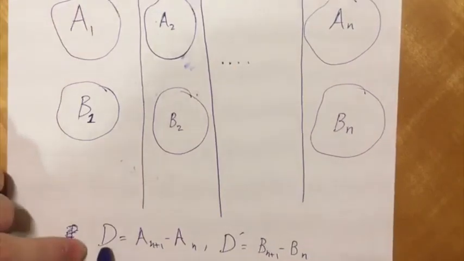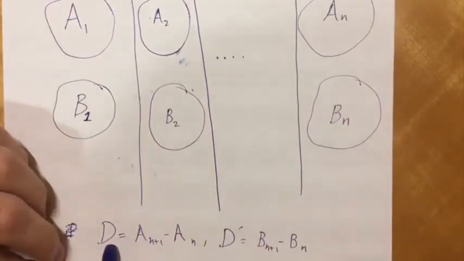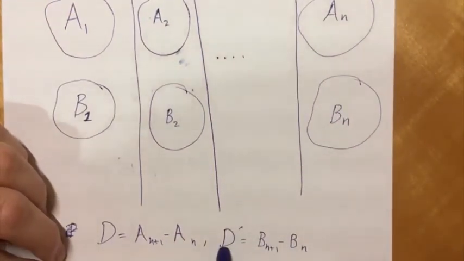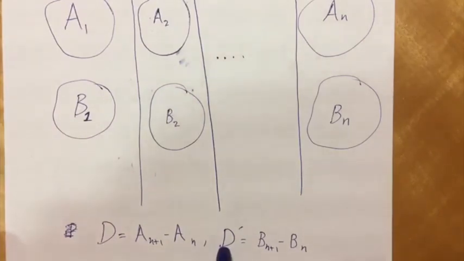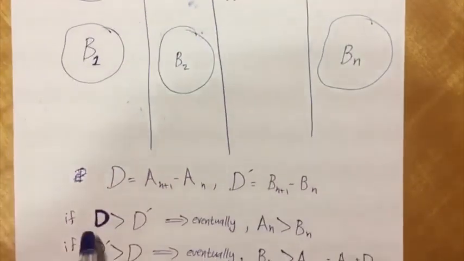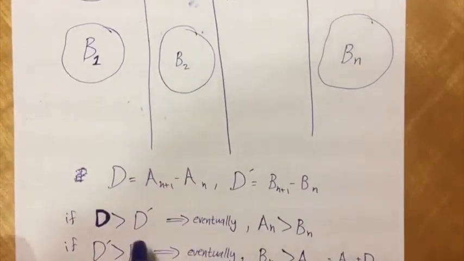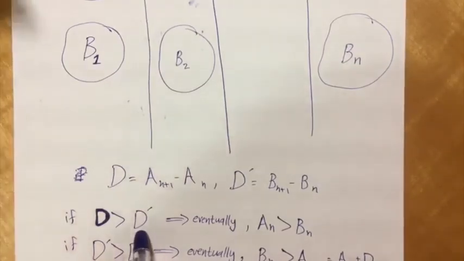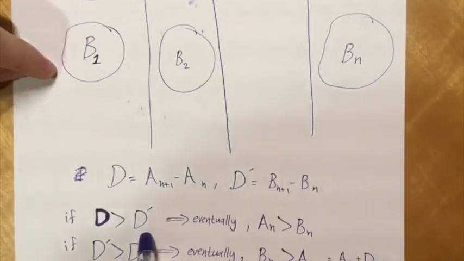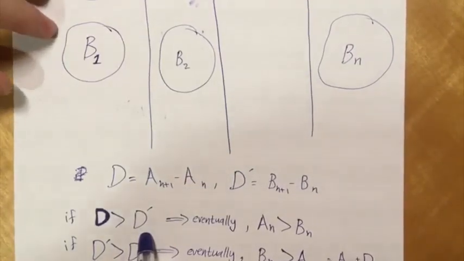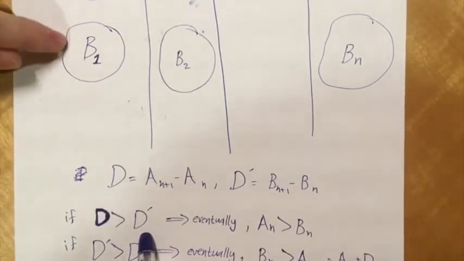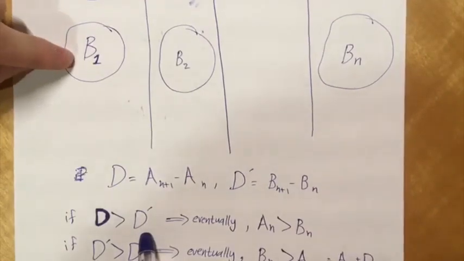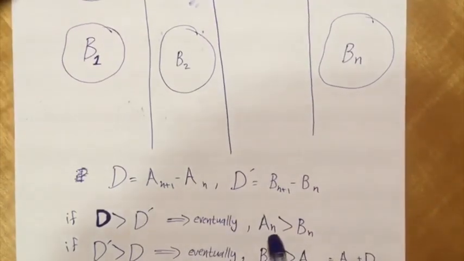Let's say d is the amount you're getting every day, and d prime is the amount your friend is getting every day. Now, if d happened to be bigger than d prime, that means you're being paid strictly more every day than your friend. What does that mean? It means even if initially your friend had more money, eventually you will have more money on one of the days.